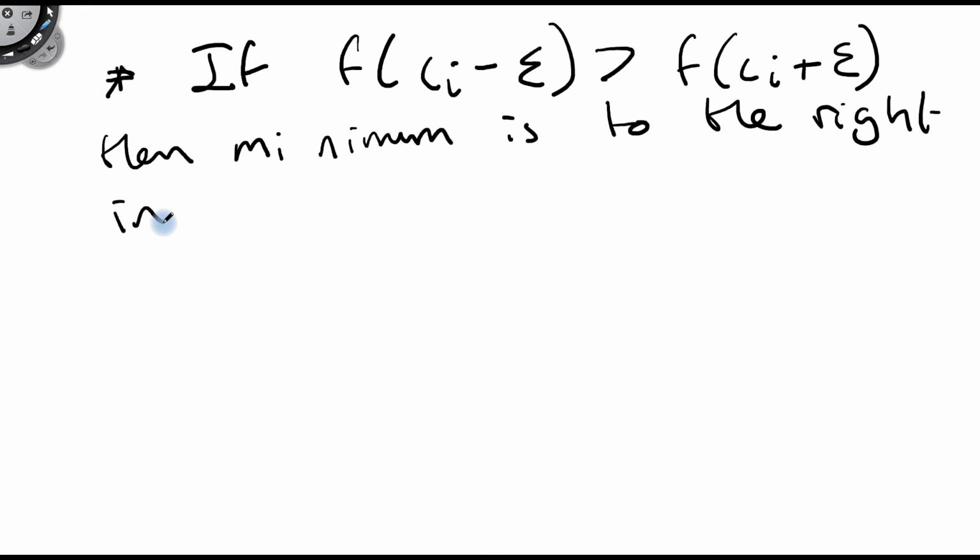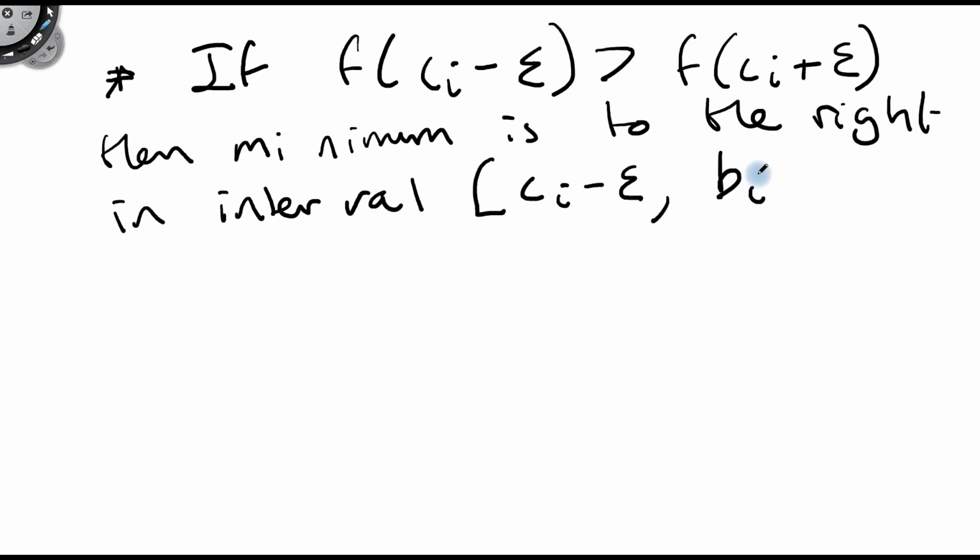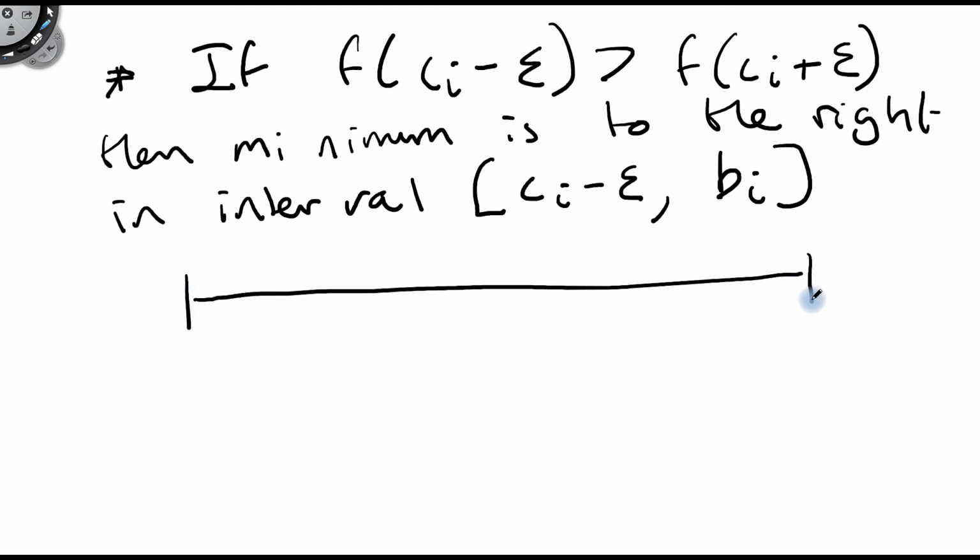in interval CI minus epsilon, comma BI. Let's draw a diagram. So we've got AI, BI, that's our bracket.